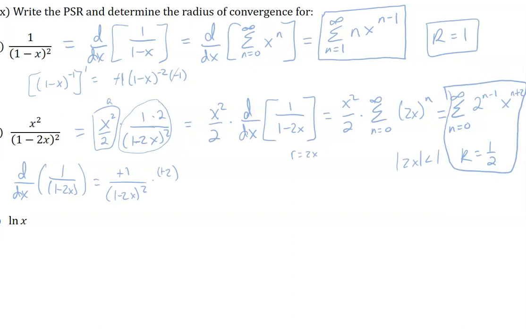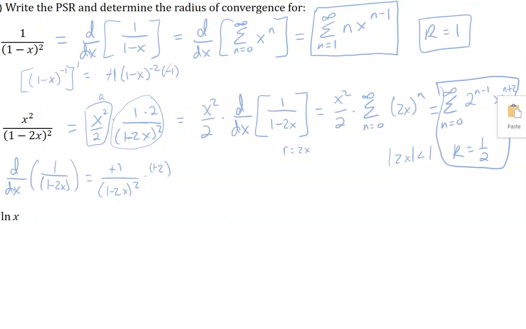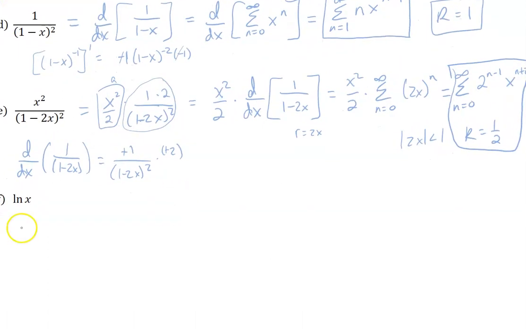So natural log of x is not a rational function, but I can write it using a rational function because I know that the derivative of natural log of x is 1 over x. Or in other words, the antiderivative of 1 over x would be natural log of x, okay?